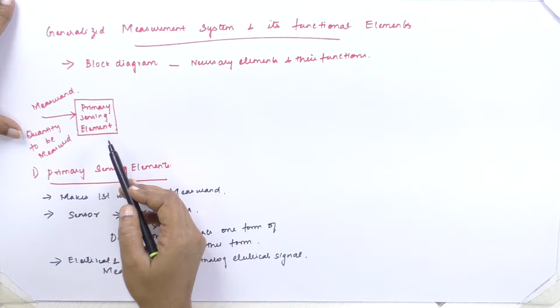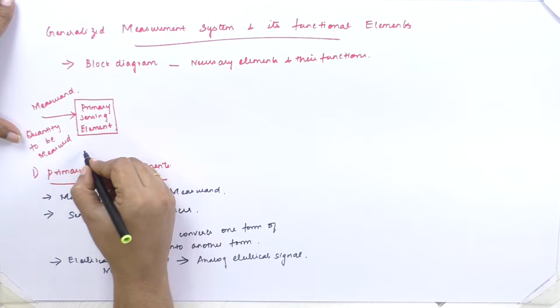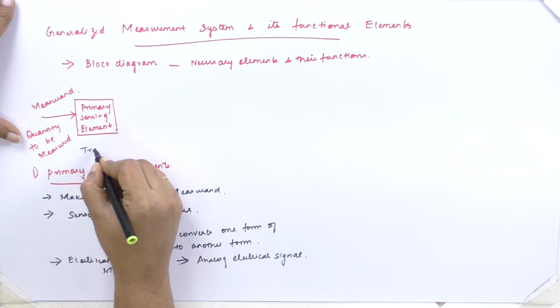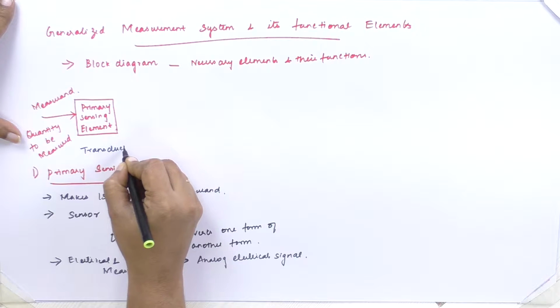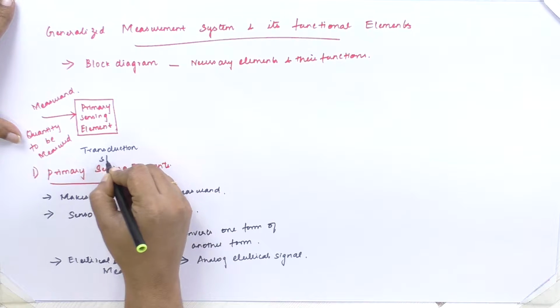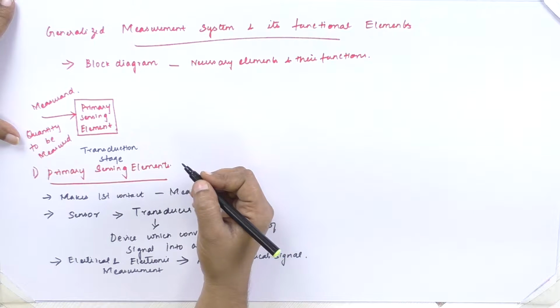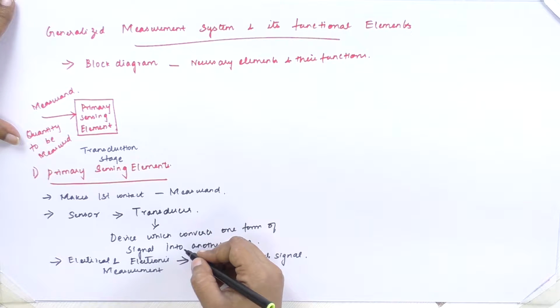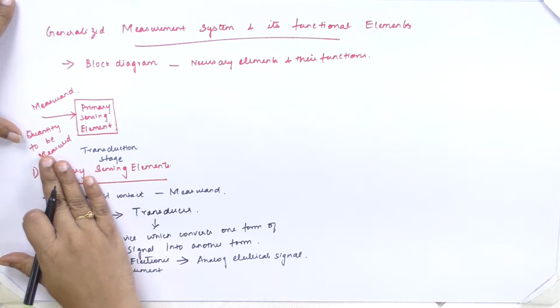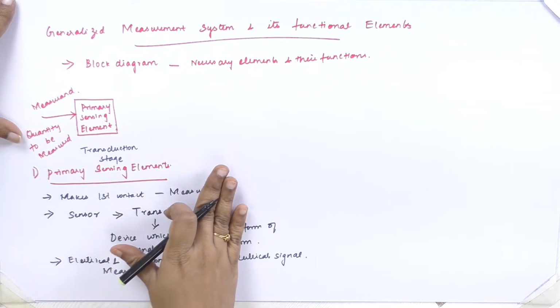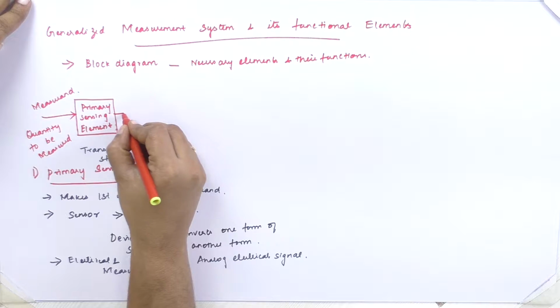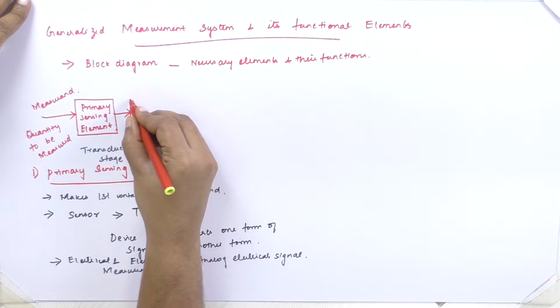So, this stage is called the transduction stage. The first stage is called the transduction stage, which uses transducers which convert the physical quantity to be measured into another form.